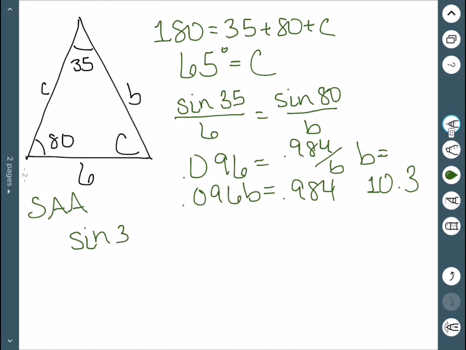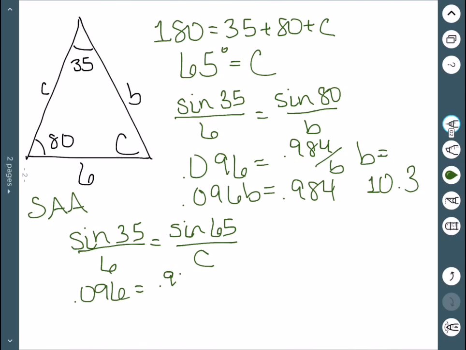So for that, I know that sine 35 over 6 has to be equal to sine of angle C, which we found to be 65, over C. Once again, sine of 35 over 6 is 0.096. And now we can just deal with sine of 65 on the right, which is 0.906.